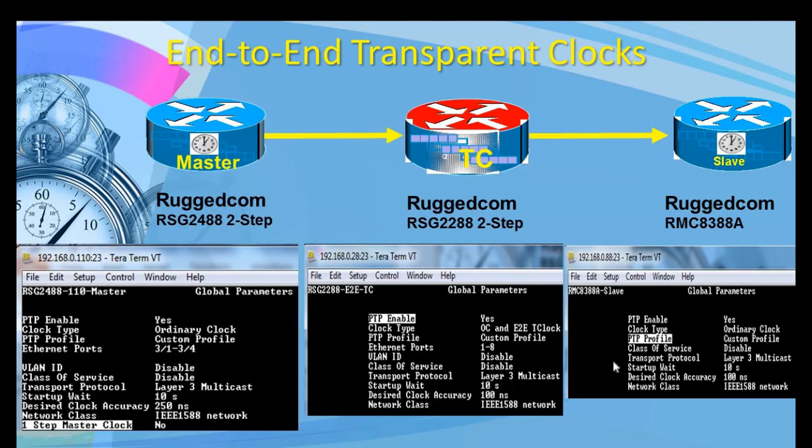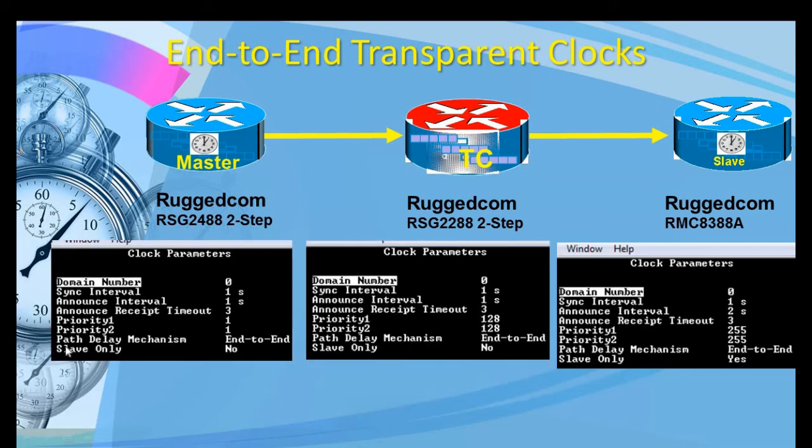So this is the configuration, an end-to-end transparent clock and ordinary clock combination, which means a hybrid clock is configured in the middle. All the transport protocol uses layer 3 multicast. For the delay mechanism, we configure end-to-end on all 3 devices.